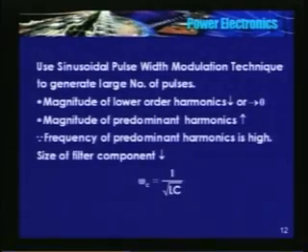So as the number n increases, the magnitude of the lower harmonic reduces, in some cases it may become 0. The magnitude of the predominant harmonic may increase, yes, but that can be filtered out easily, because the frequency of the harmonic that has to be eliminated is very high. So I need a very small size of passive components.